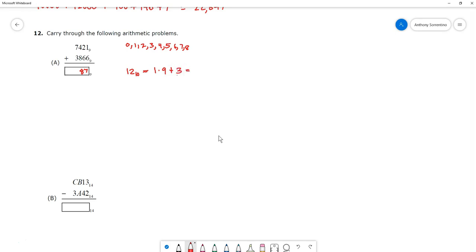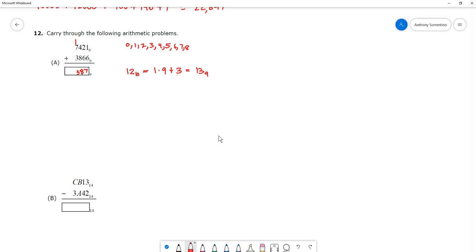So that would mean it's going to be 13 base 9. And so at this point, I would write a 3. And I would carry the 1 over here.